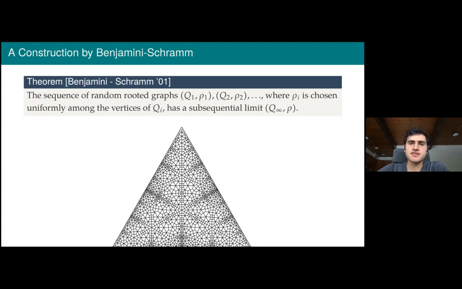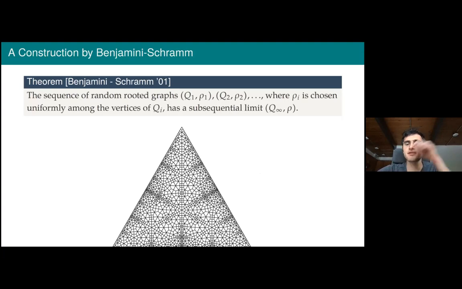So for instance, if all of these graphs have uniform polynomial growth, what you end up with is a random rooted graph that has uniform polynomial growth. And what they prove is that as long as your sequence of graphs has bounded degrees, such a sequence has a subsequential limit. I forgot to mention that.